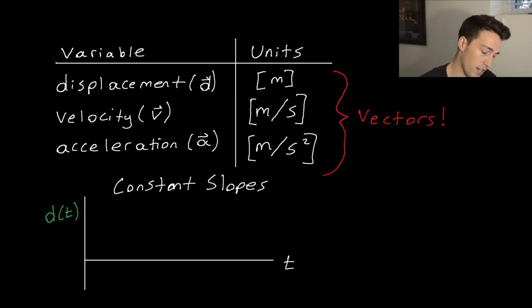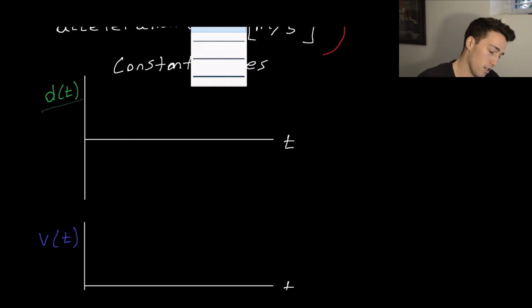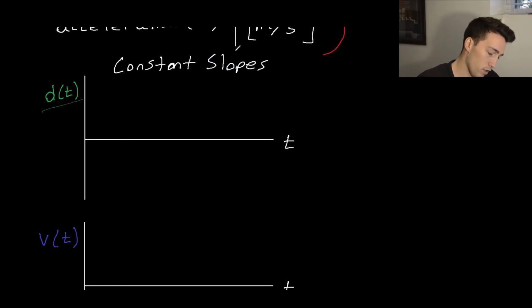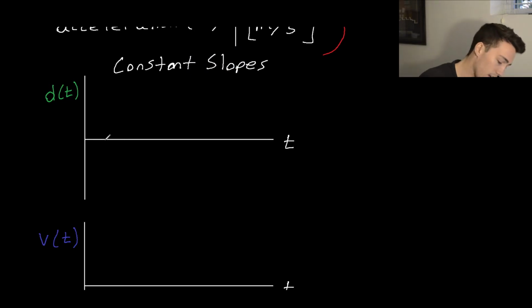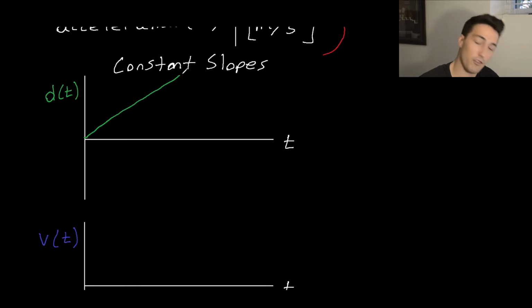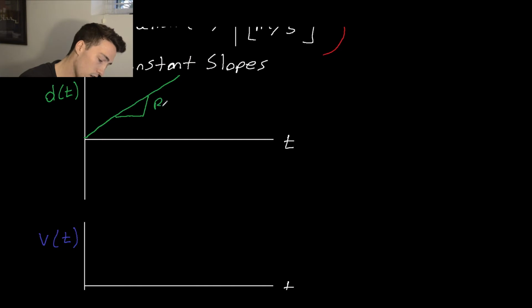But now let's look at a graph of constant slopes. So here I have a graph of displacement, a displacement versus time graph. If we had a constant slope, that would look like this. If this was just a normal graph of y versus x, or f of x versus x, we'd say the slope is the rise over the run. So slope is rise over run.